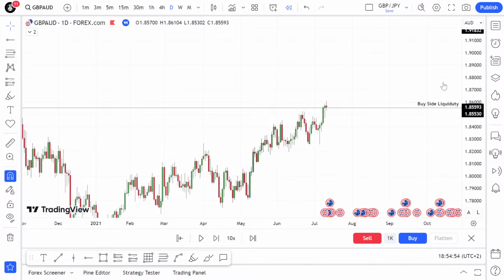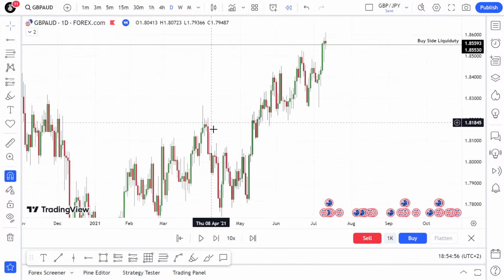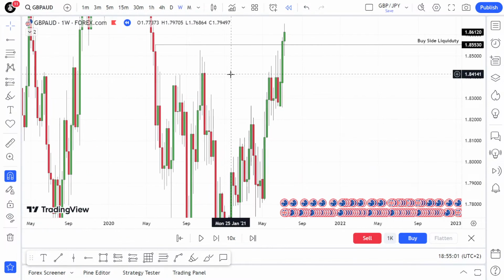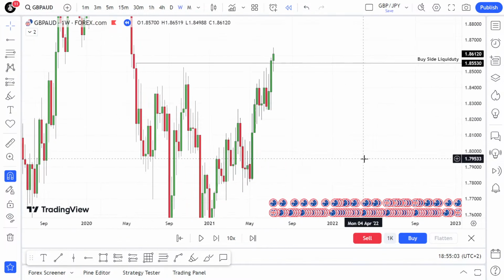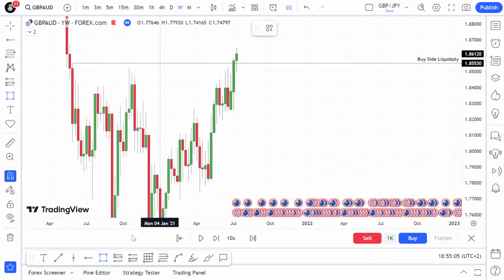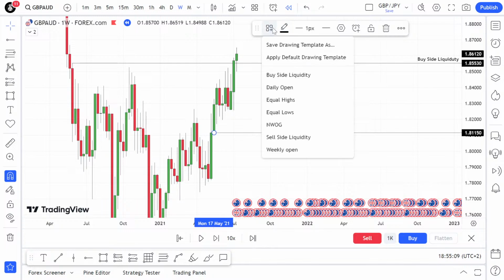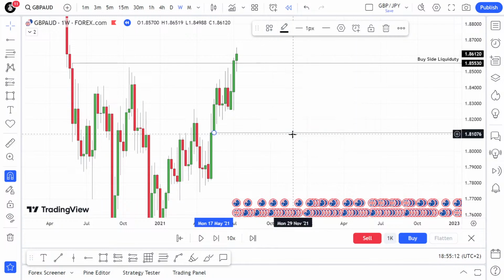So we left this price range behind us. There's a weekly fair value gap that we can mark out as possible draw on sell side.